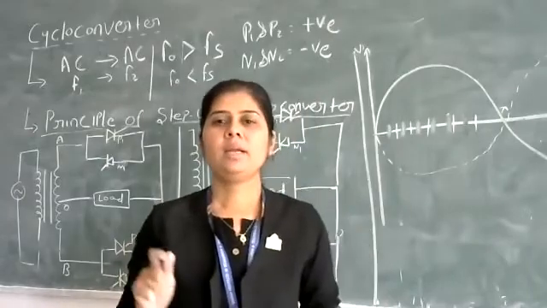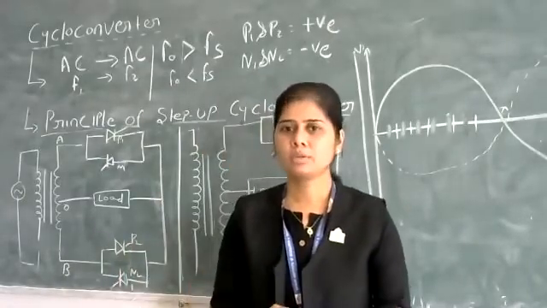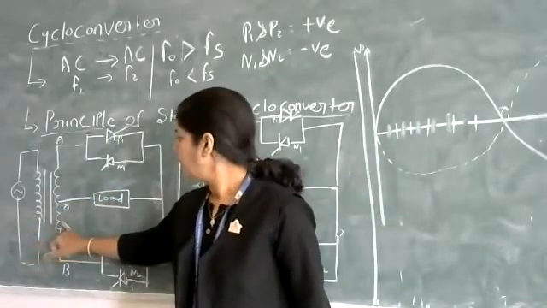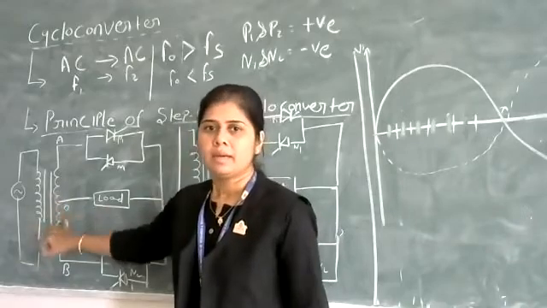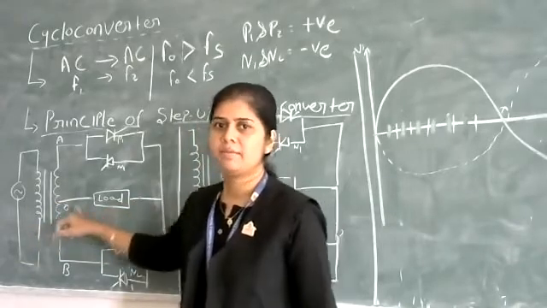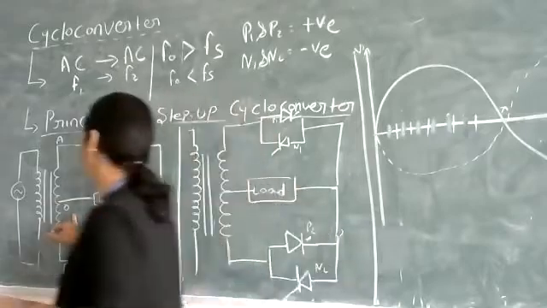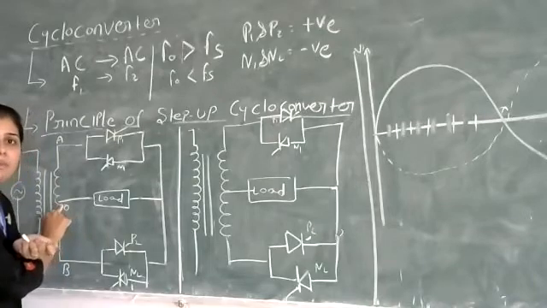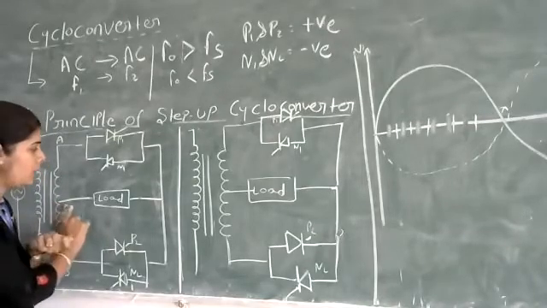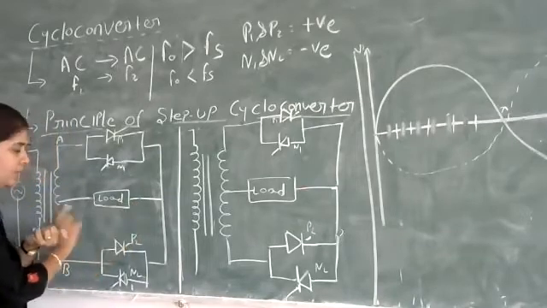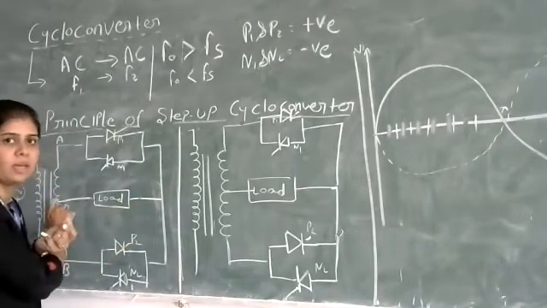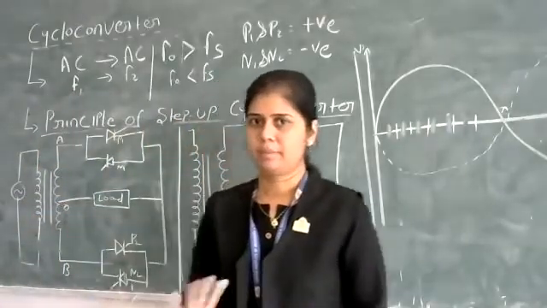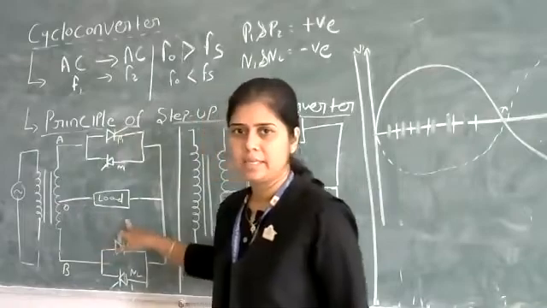Why is it called a midpoint cycloconverter? Because here the transformer has a primary side and a secondary side, and we connect the load terminal to the midpoint of the secondary winding of the transformer. That's why it is called a midpoint step-up cycloconverter. Clear? 4 thyristors are connecting the load.